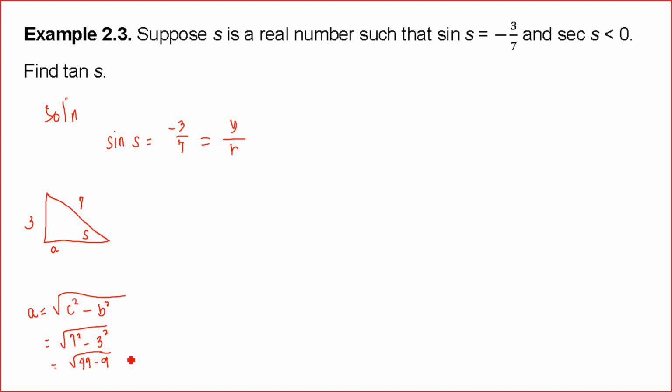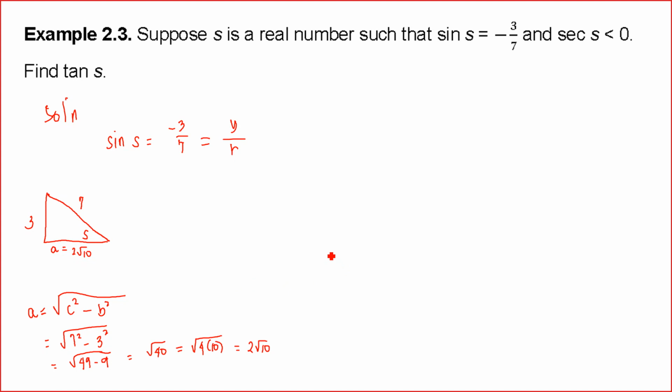So this is equal to the square root of 40. Now, the square root of 40 can be factored using the square root of 4 times 10. Therefore, this is equal to 2 square root of 10. So our a here is 2 square root of 10.